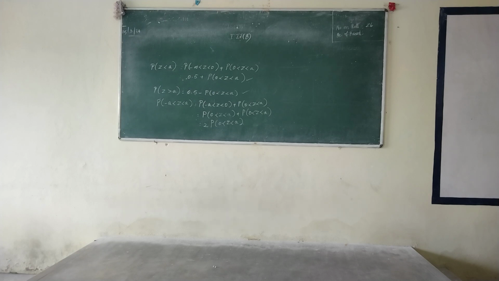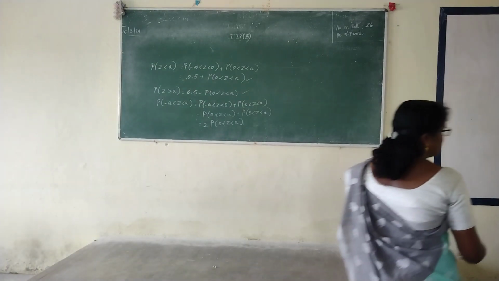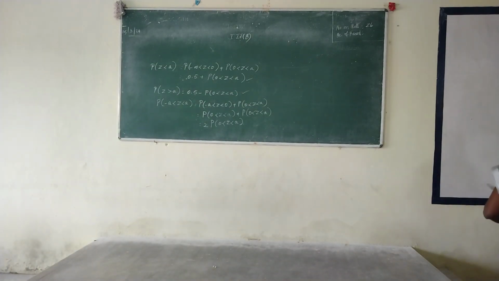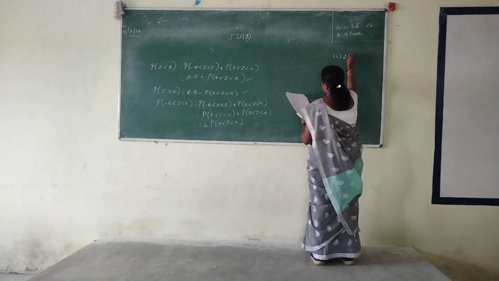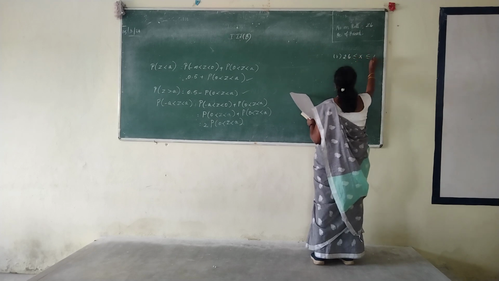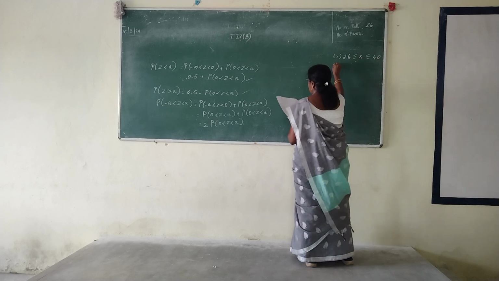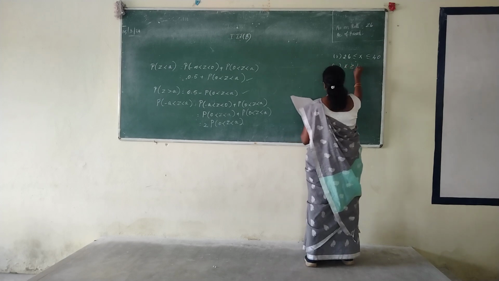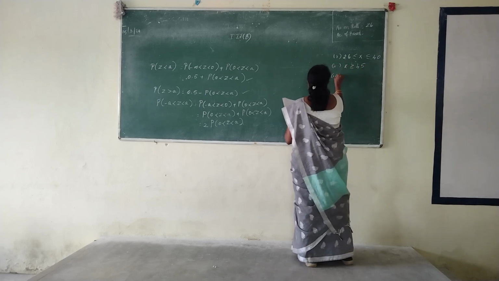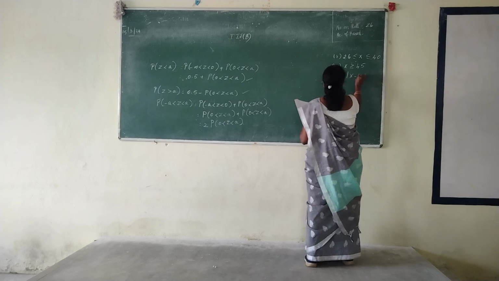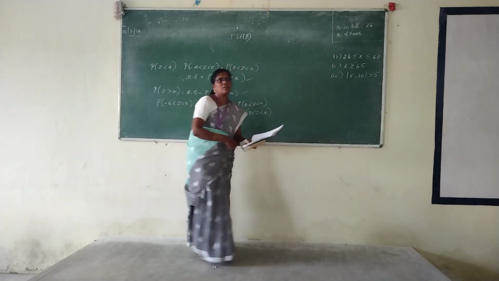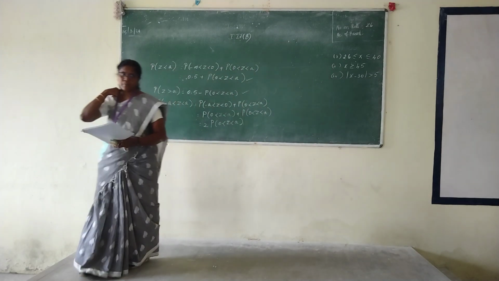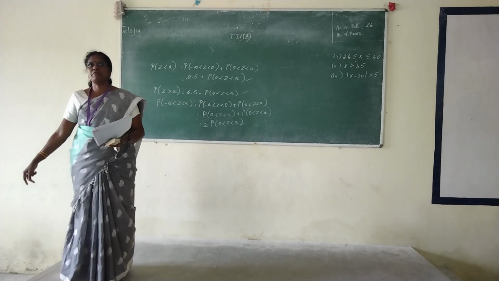Find the probabilities that: first one, 26 less than or equal to x less than or equal to 40. Second one, x greater than or equal to 45. Third one, modulus of x minus 30 greater than 5.